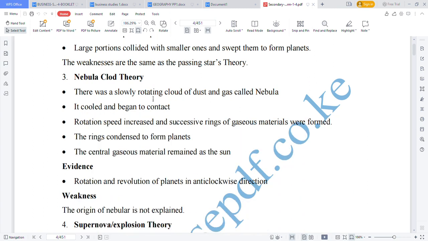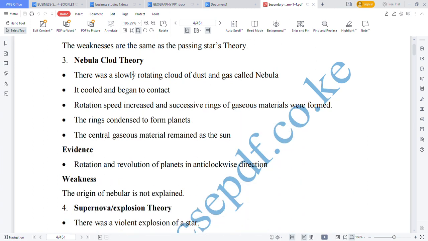The next one is nebula cloud theory. So what is nebula cloud theory? There was a slowly rotating cloud of dust and gases called nebula. It cooled and began to contract, not to contact, to contract.